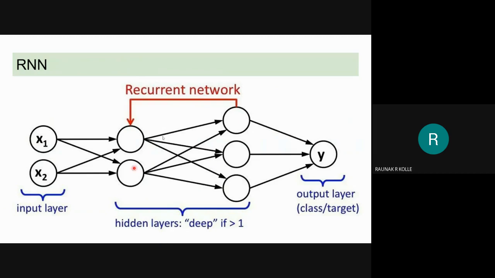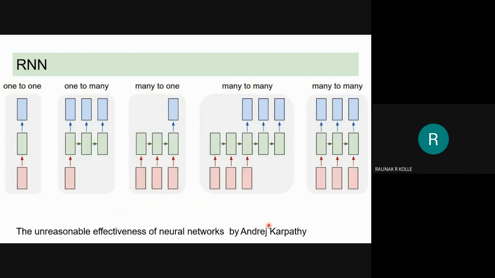In recurrent neural networks, we have the input layer, hidden layers, deep if greater than 1, and output layer. We have the different classes of recurrent neural networks, that is one to one, one to many, many to one, many to many, which can be of two different types.